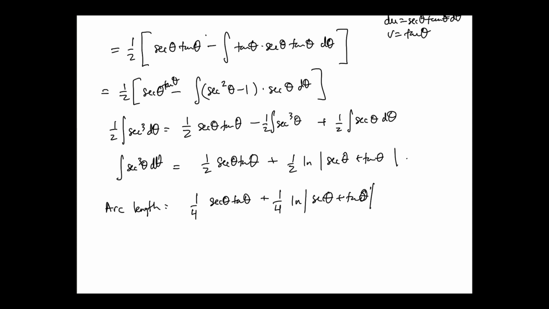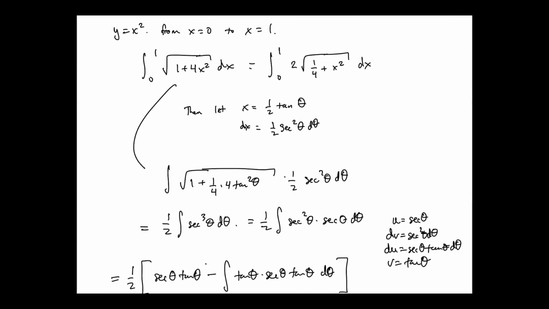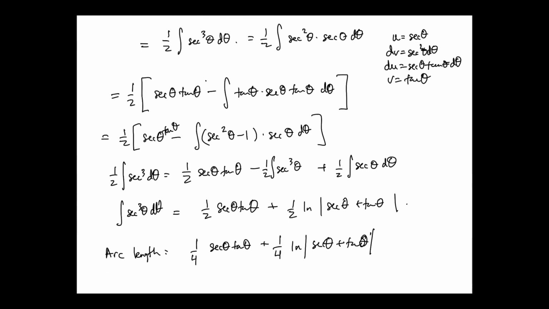Now, that's in terms of theta, but we've got to get it back in terms of x, right? So let's go back. What was our substitution? We let x equal 1/2 tangent theta, so that means that 2x is tangent theta. So I could put a 2x here and a 1 there, and then that makes this, not shockingly, that. Okay, and so then here's my angle, and I need secant and tangent.